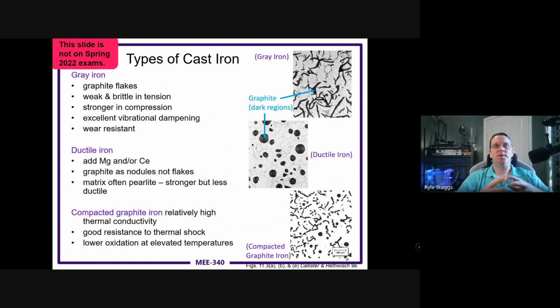This is kind of what that looks like in terms of cast iron. So there's different types. There is a version of iron that is a little more ductile, so it's lower in carbon composition. So it has these dark graphite regions, and it has these brighter iron regions. So a gray iron has a lot of these graphite flakes throughout.